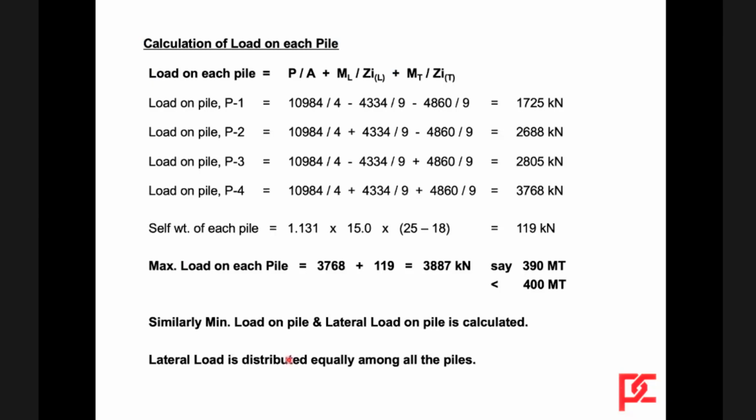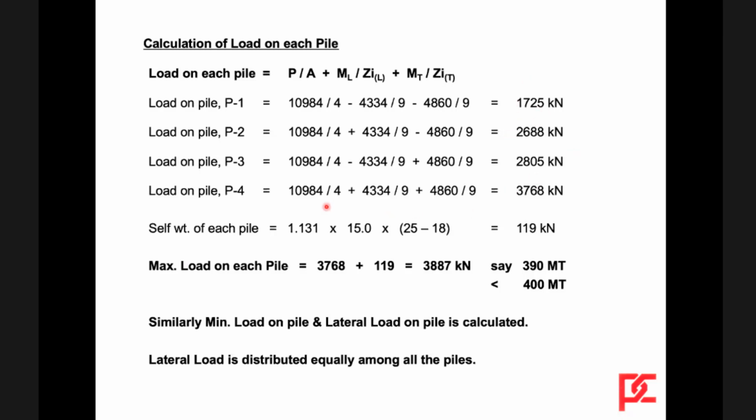And then pile loads are calculated using P by A, ML by ZL, MT by ZT. So we get a maximum pile load of 3768 kN and a minimum of 1725.